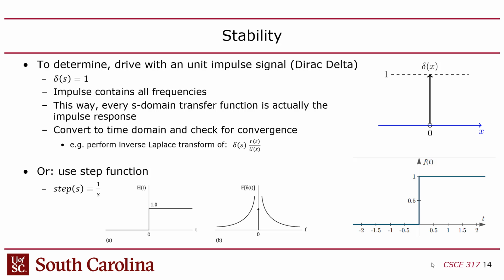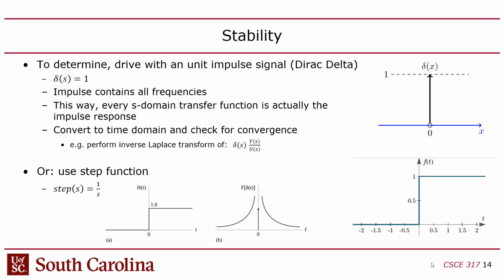But the problem is how do you define the actual input? Where does the stimulus come from? What's the stimulus to a transfer function? Because you have to do that in the S domain too. And that part is kind of confusing. So there's this thing called a Dirac delta. A Dirac delta in the S domain is a 1. Right?